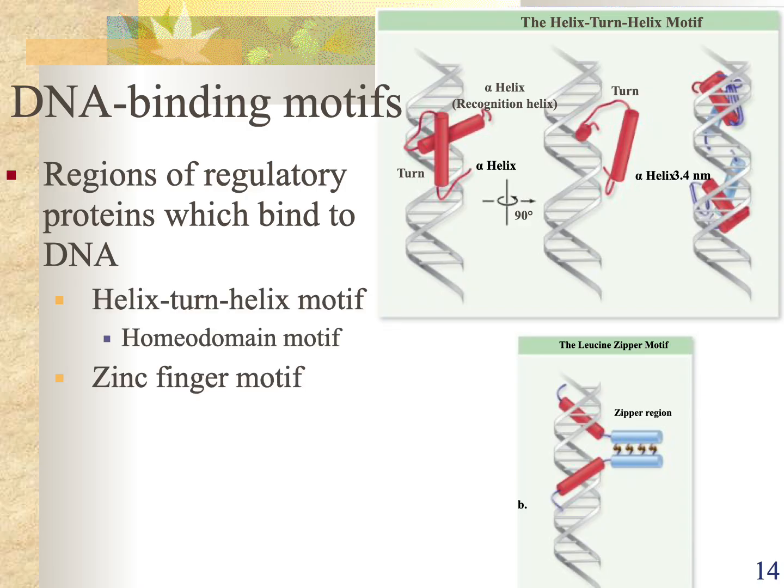These include helix turn helix motifs, like the homeodomain, the zinc finger motif, and the leucine zipper motif. All of these structures allow the regulatory molecules or enzymes to find the right place on the DNA molecule and to do their job. It's a really important feature to understand.